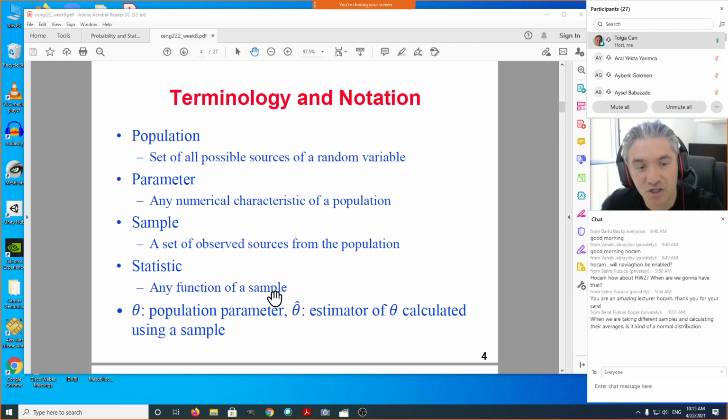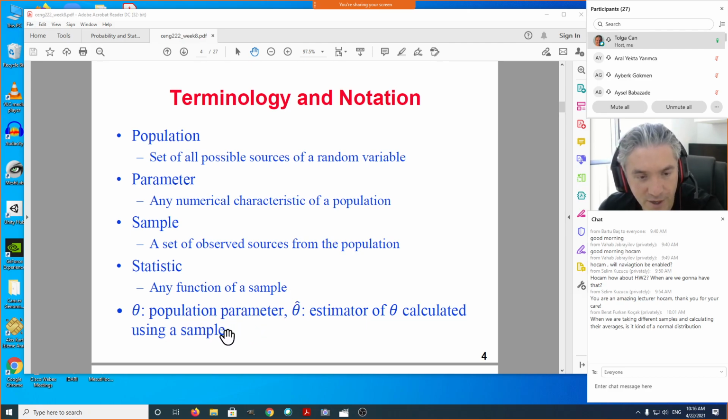It's any function of a sample. You get your sample and compute a numerical characteristic for that sample, and that becomes a statistic. For example, the sample mean is a statistic, the sample variance is a statistic, or the fact that the median of that sample is this number is a statistic about that sample. So a statistic is something we compute out of a sample.